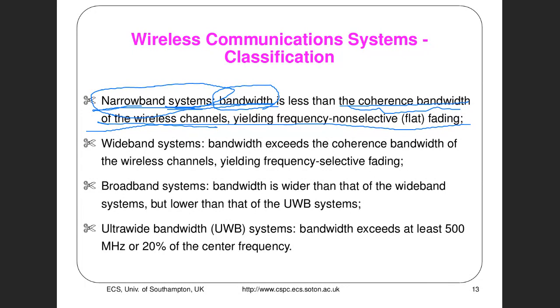So what is a channel? There is a transmitter, right? There is a receiver. When you actually transmit signals, they go everywhere. It doesn't just directly go to the destination or the receiver, right?